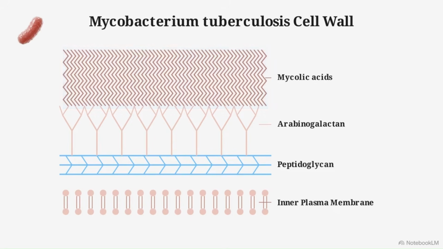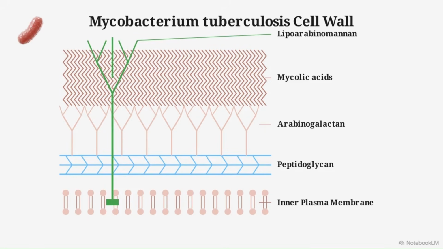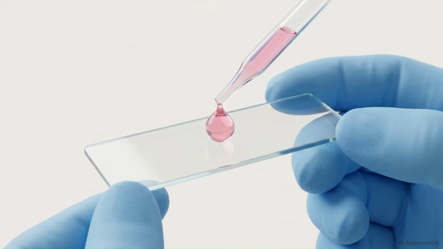This waxy lipid layer provides the organism with severe resistance to drying out and to standard antibiotic penetration. Embedded within this matrix are specific virulence factors, including lipoarabinomannan and cord factor, which actively aid in the pathogen's intracellular survival.